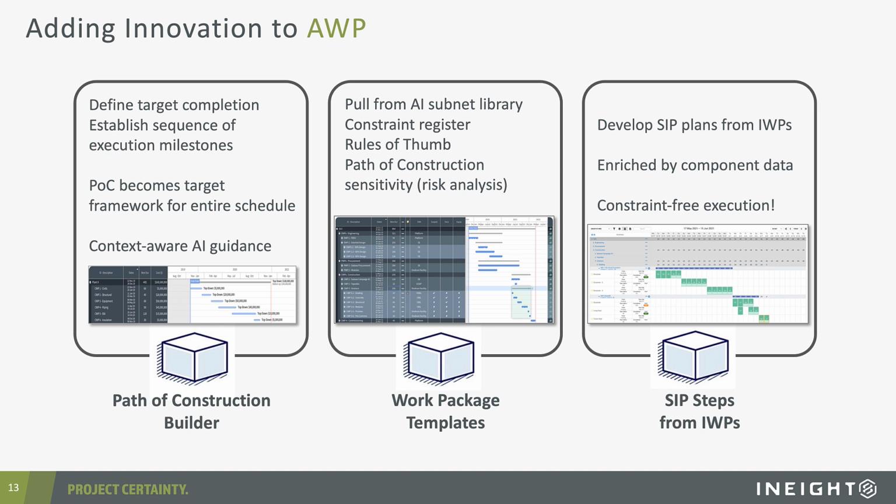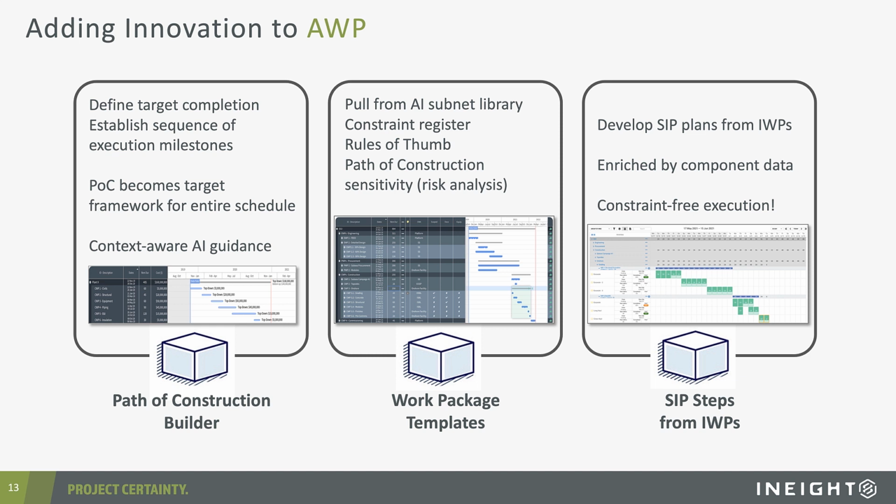Being able to use artificial intelligence where the AI engine can mine those historic and prior projects and look at those as-builts and come back with benchmarked and validated path of construction elements that we can then apply to our project, I think is hugely valuable.